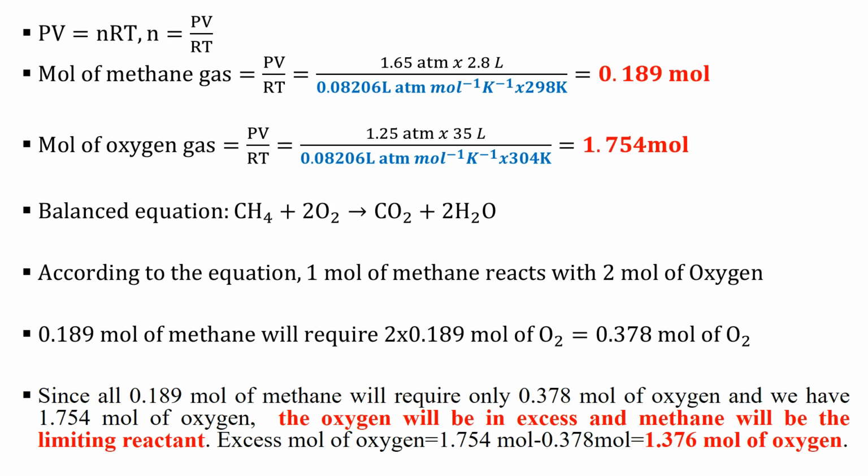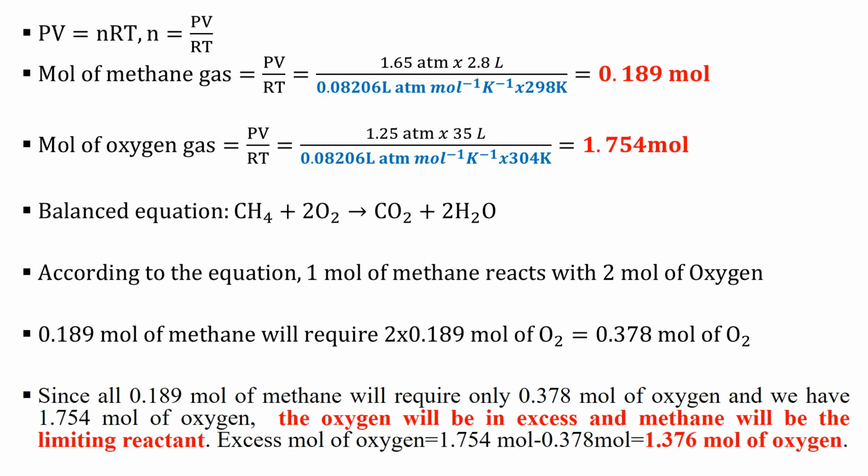We calculate the excess of oxygen by taking the 1.754 moles of oxygen which were present minus the 0.378 mole that reacted, and we obtain the excess moles of oxygen, which is 1.376 moles.